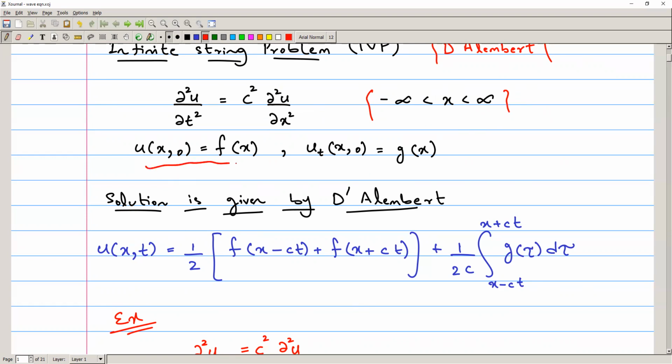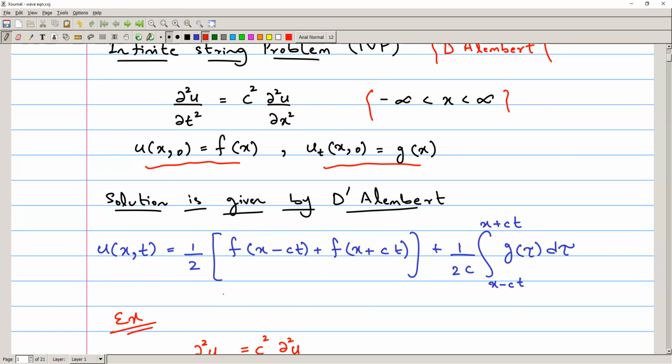And the initial conditions are given. This is initial displacement u(x, 0) = f(x), and this is initial velocity u_t(x, 0) = g(x), right? So if the problem is given in this form, we can construct the solution as u(x, t) = 1/2 [f(x − ct) + f(x + ct)] + 1/(2c) ∫ from x−ct to x+ct of g(τ) dτ.